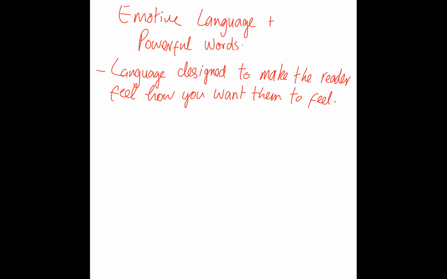So if there's a topic that makes you particularly upset or makes you angry and you want the audience to agree with you, sometimes the best tactic might be to make them try to feel how you feel about the issue, and maybe then they'll agree with your point of view on the matter.